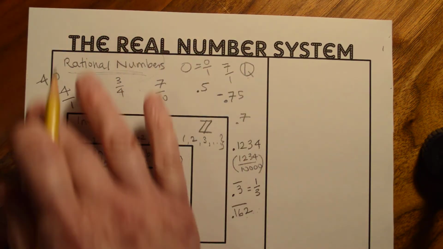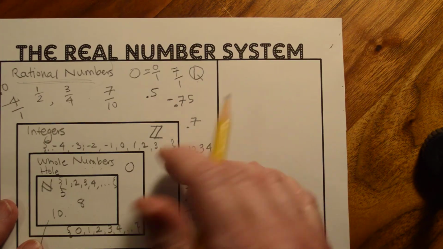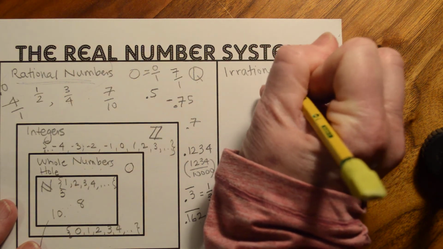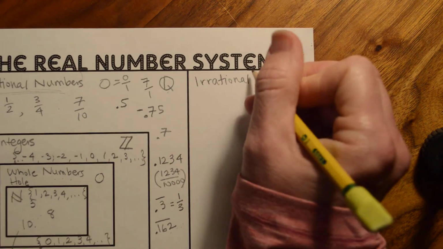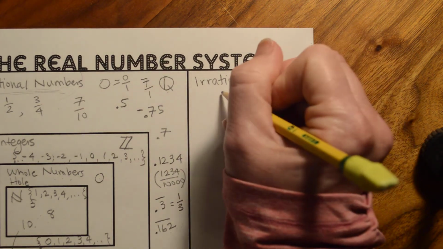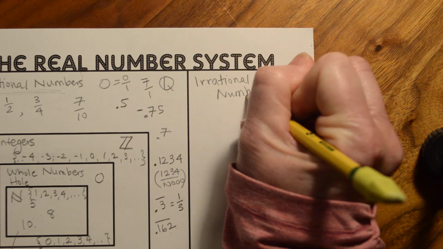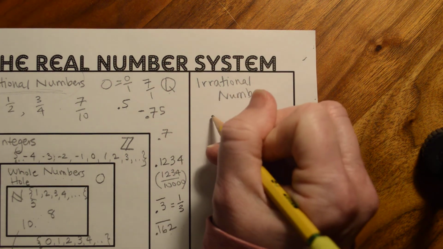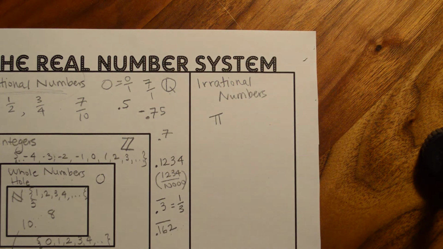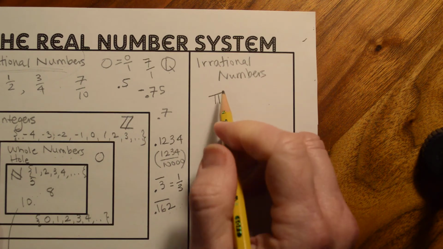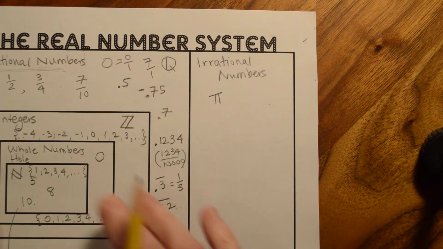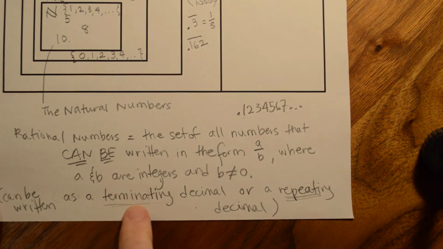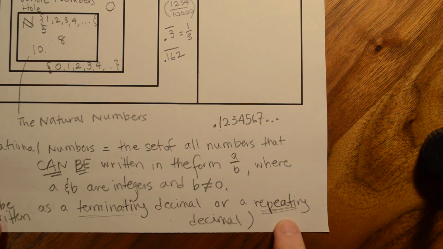If this part made up the rational numbers, this is the irrational. Right? It does not have its own symbol. We just say irrational numbers. The most famous member of this set is pi. All right. An irrational number is something that's not rational. So we're looking at decimals that don't terminate or decimals that don't repeat.